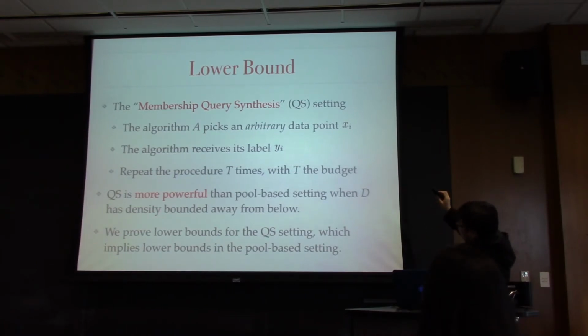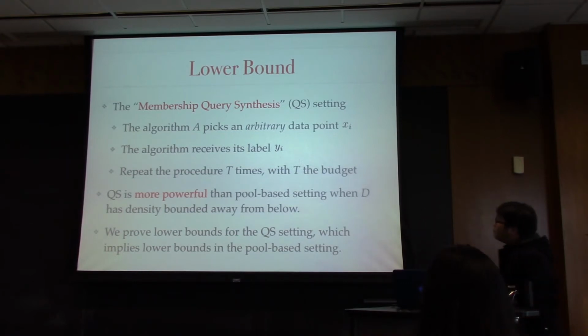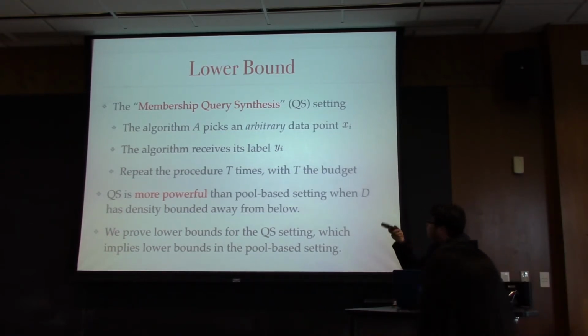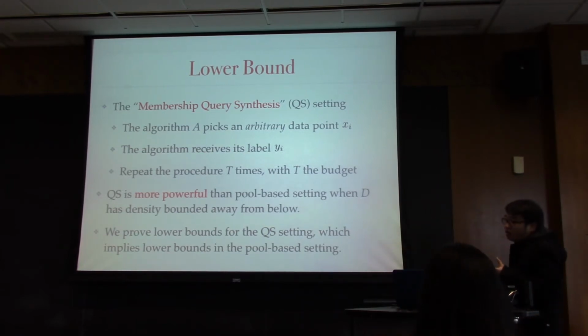In this querying model, the algorithm A can pick any arbitrary data point x_i, and the algorithm then receives the label y. So it no longer needs to have access to an unlabeled data stream. It can actually pick an arbitrary data point in my data space, and it will get its label.